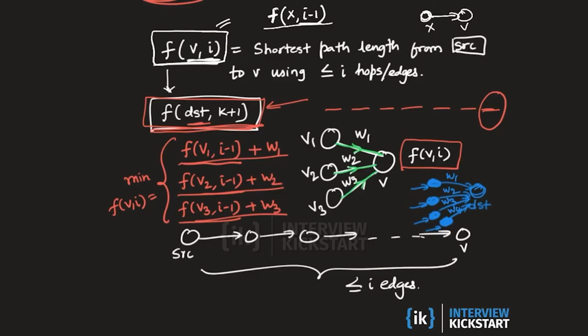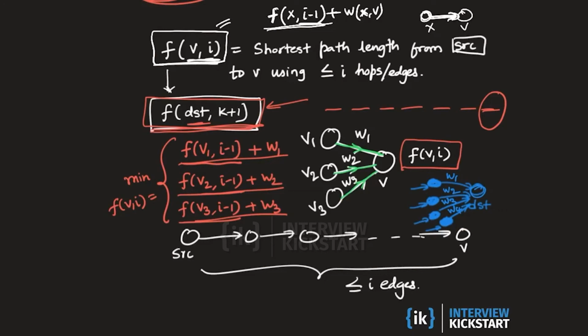So if we know this value, then we could add the weight of the final edge from x to v. Let's say that's w of x comma v. By taking this sum, we would have one possible way to get the value of f of v comma i, but of course there could be many different predecessors of v.